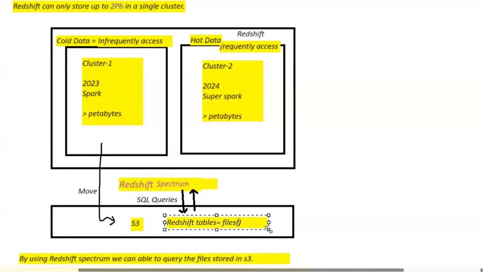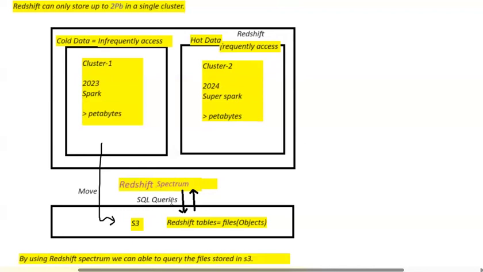We call these files objects. But how are we treating them? We treat them as Redshift tables, right? So we can query these tables which are present under S3, and we can even join the tables from S3 and the Redshift cluster by using Redshift Spectrum with SQL queries as well.